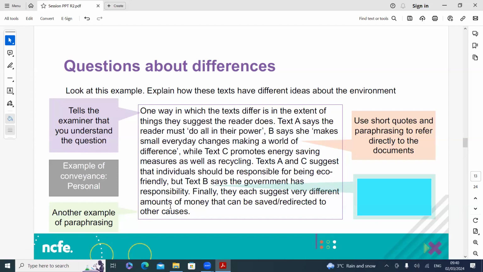They each suggest different amounts of money that can be saved or redirected to other causes. And again, vitally important, telling the examiner which text you're referring to, naming the text you are talking about. So text A, document A, and so on. Okay, any questions about that?